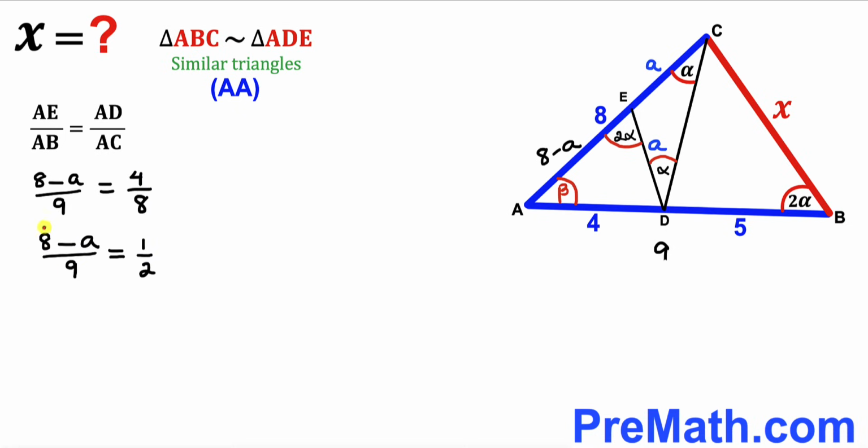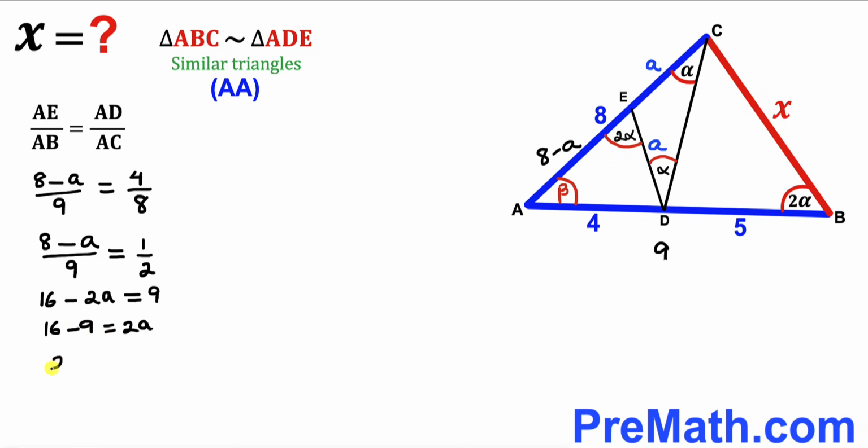And now we are going to cross multiply. So therefore we are going to get 16 minus 2 times a equals 9 times 1, which equals 9, on the right hand side. And now I'm going to move this 2a to the other side, whereas I'm going to move 9 in the opposite direction. So therefore we end up with 16 minus 9 equals 2 times a.